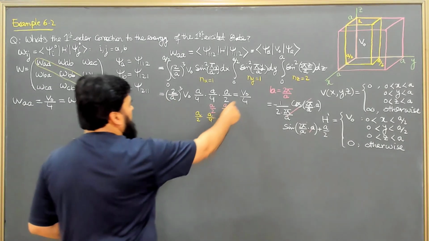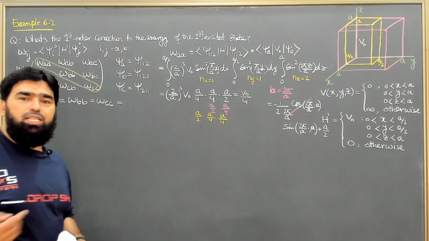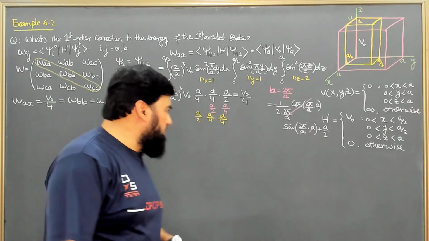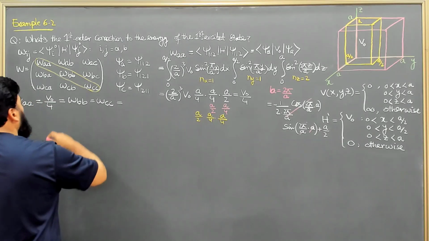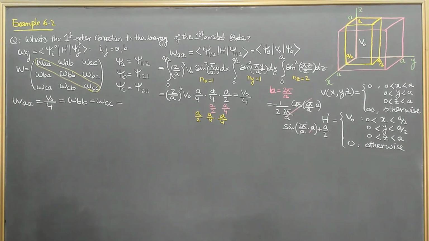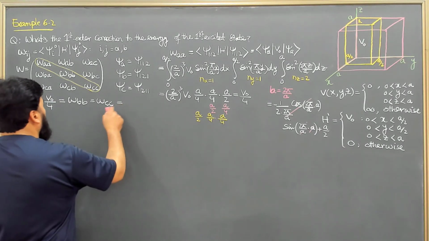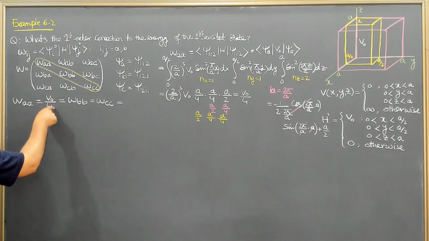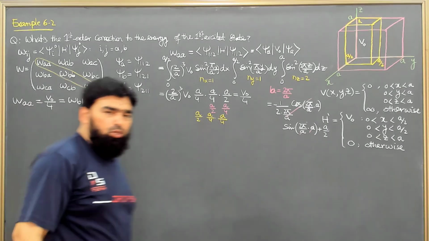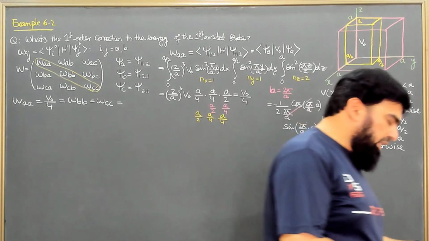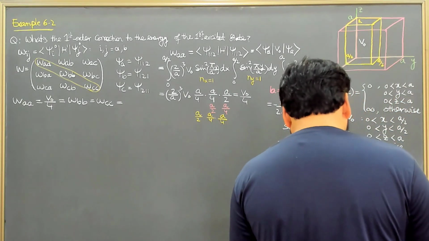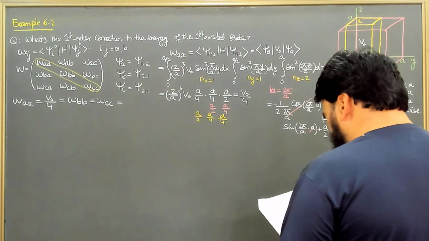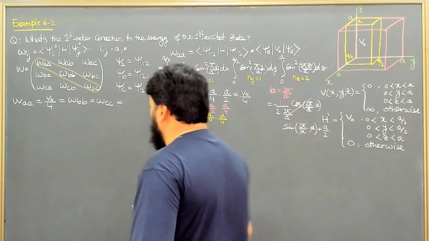So again we will have V0 over 4 as the symmetric integral. So only the value basically shifts here. So it means that we have found the diagonal elements, and all the diagonal elements are equal to V0 over 4. And this was comparatively the easier part, and now we go toward the other elements.